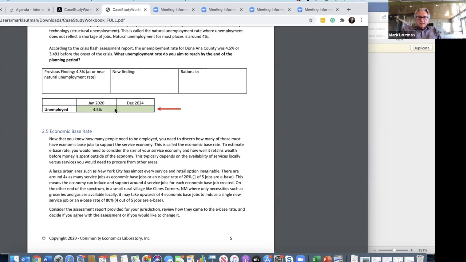If you take U6, at the height of the Great Recession, they were estimating U6 to be above 20% for a year or two. That's why I say these numbers are all over the place depending on the definition and the location you're in. That's one of the things we try to get everybody conversant with: these numbers a lot of times don't mean what you think they mean.